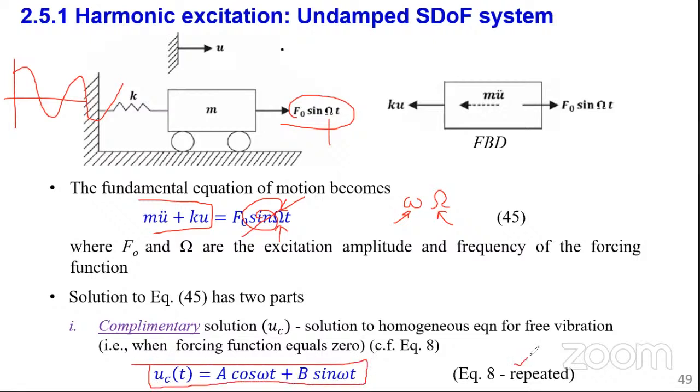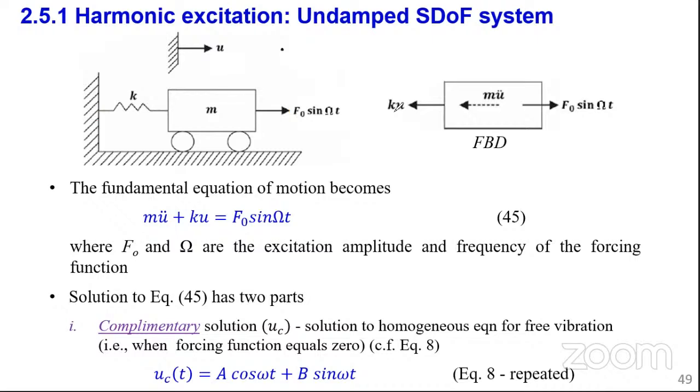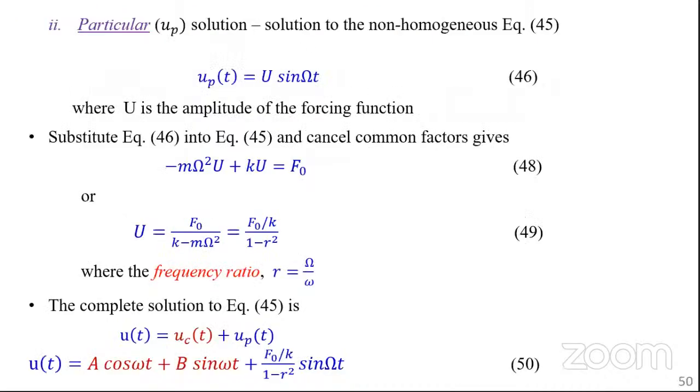So this is the repetition of equation number 8. Again, when this forcing function is not equal to 0, then we are going to get what we call the particular solution, u_p here. This is when, in equation 45, the forcing function is not equal to 0.